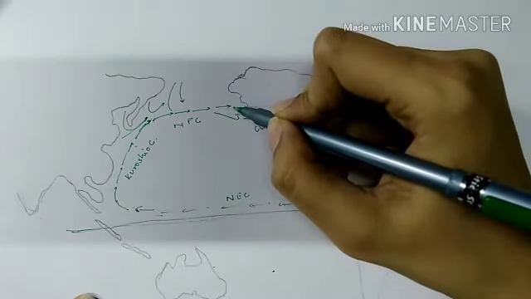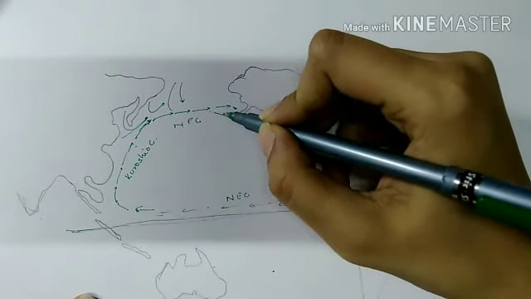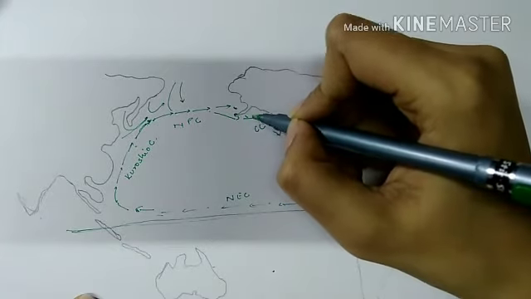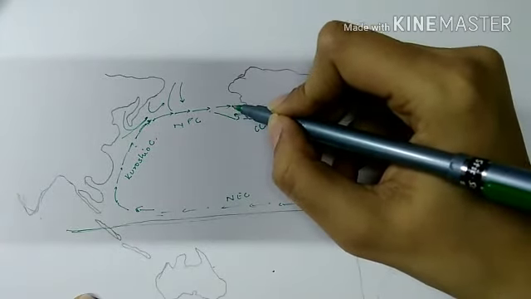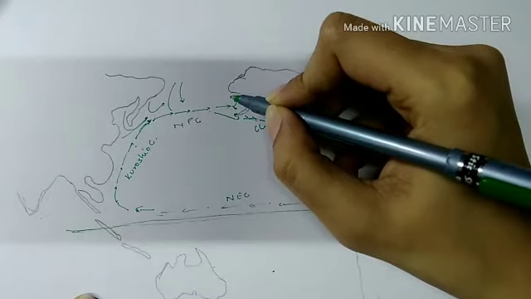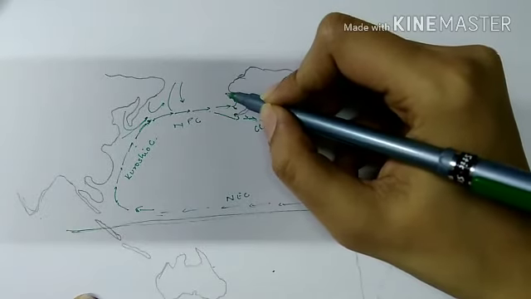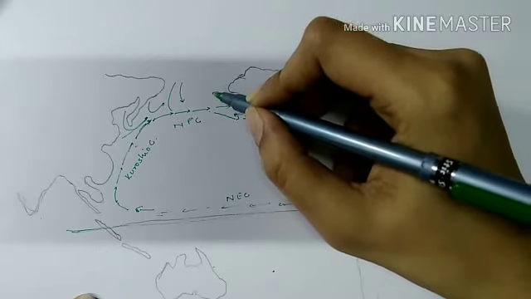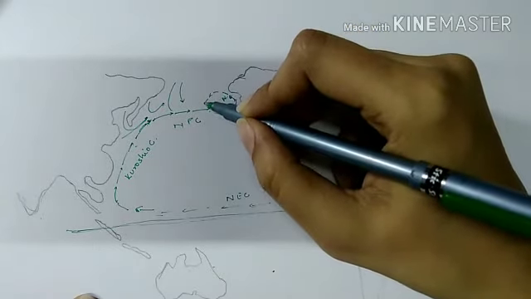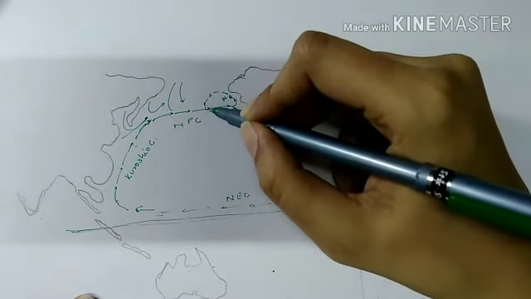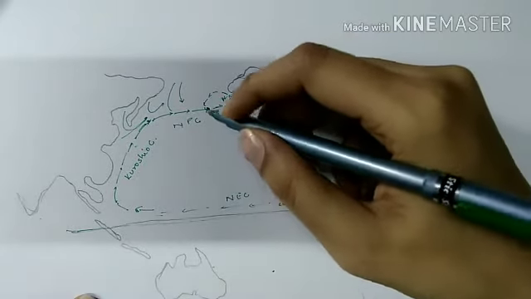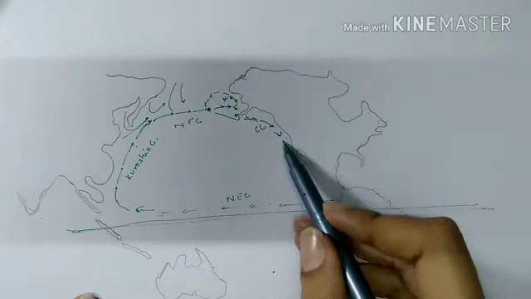And this North Pacific current divides into two parts. This is known as the Californian current, and the upper part is known as the Alaskan current. This Alaskan current acquires a rotatory motion and then again turns towards the North Pacific current. Okay. Now we have the Californian current.